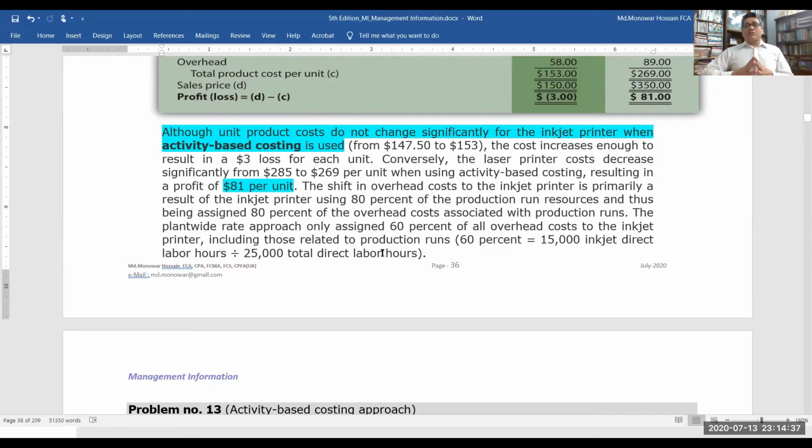The shift of overhead cost to the inkjet printer is primarily because the inkjet printer uses 80% of the production run resources, and thus is assigned 80% of the overhead cost assigned to production runs. The plant-wide rate approach only assigns 60% of all overhead costs to the inkjet printer, including those related to production runs. 60% equals 50,000 direct labor hours divided by 25,000 of total direct labor hours.